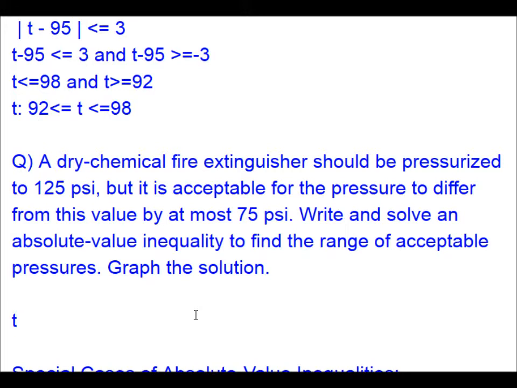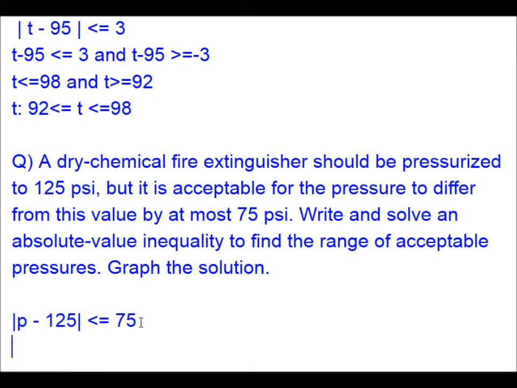So let's see, the current pressure is P and the recommended is 125, and since it varies on both sides, we have to use mod to signify both negative and positive. So |P - 125| is less than or equal to 75.